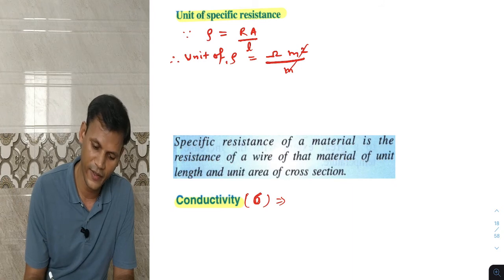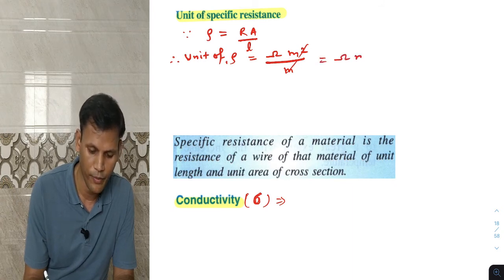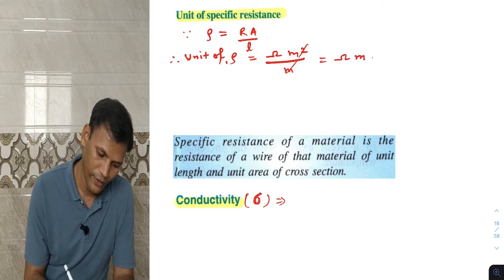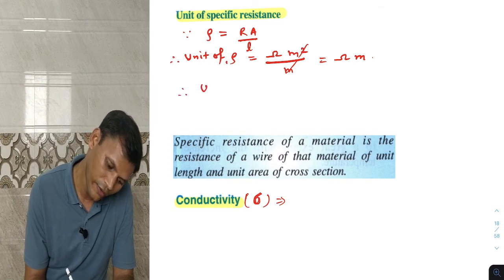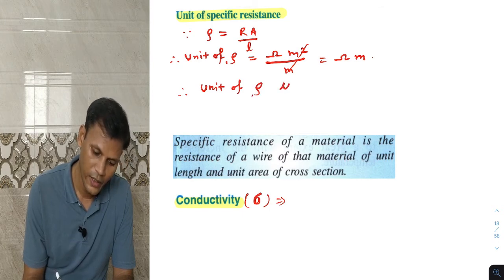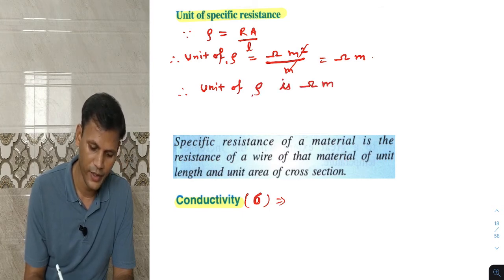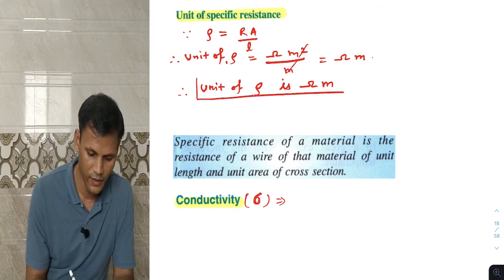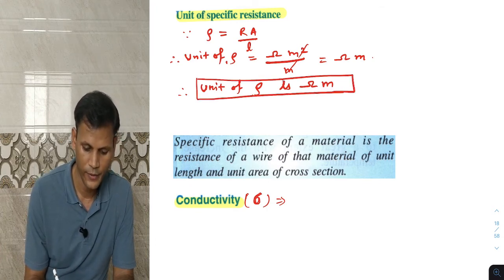So this term gets cancelled, and you will get ohm meter. So we can write the unit of resistivity rho is ohm meter. This is one of the units.